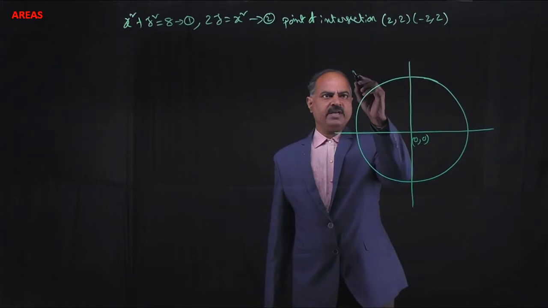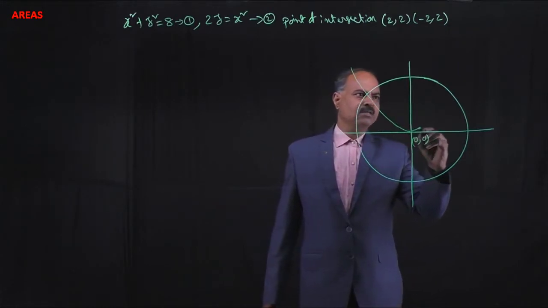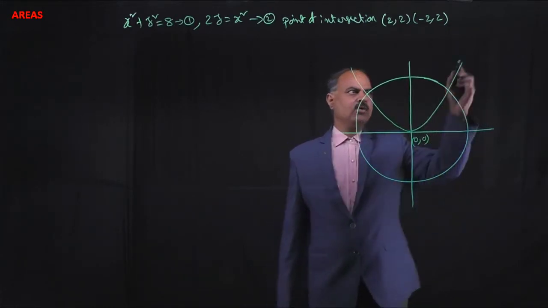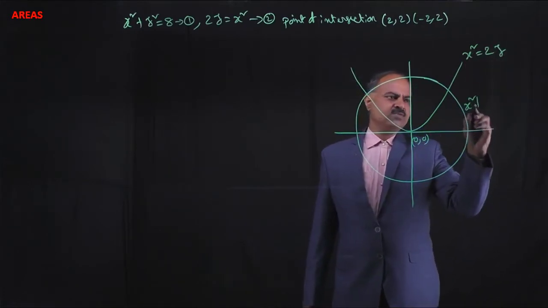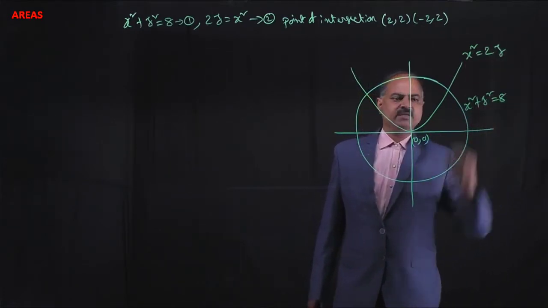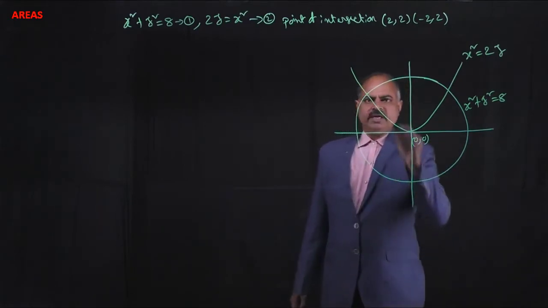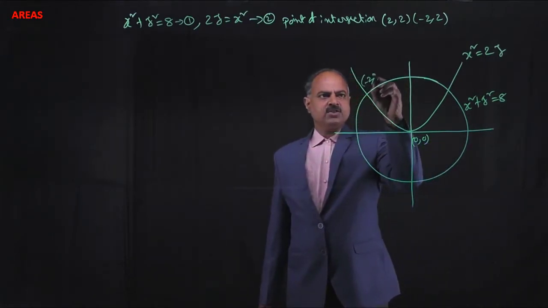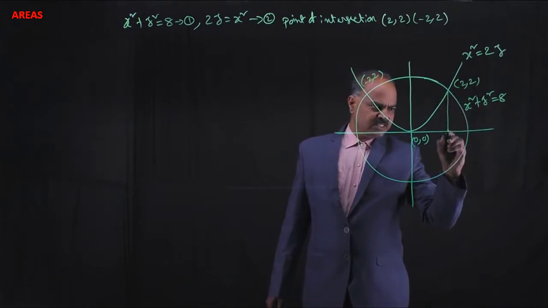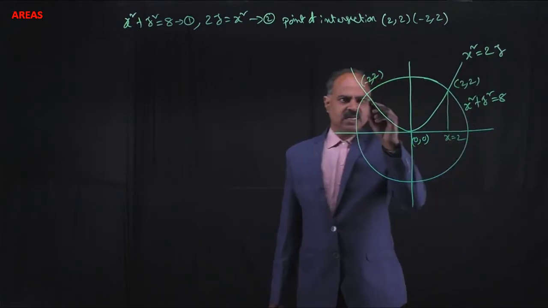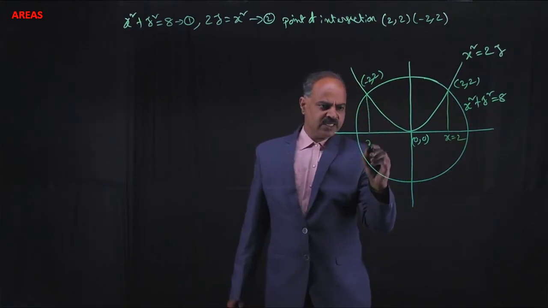This is the circle x square plus y square is equal to 8. So here this point of intersection minus 2 comma 2 and 2 comma 2. So this line is x equal to 2 and this line is x equal to minus 2.